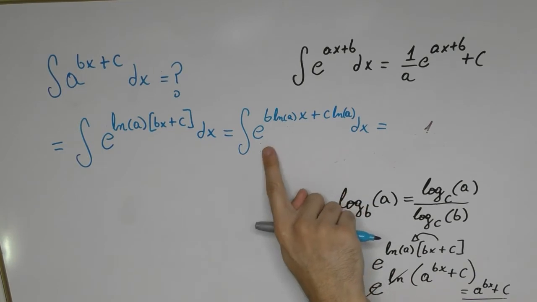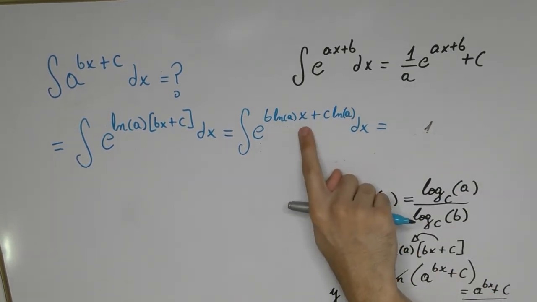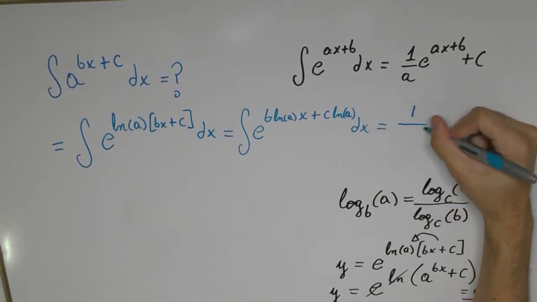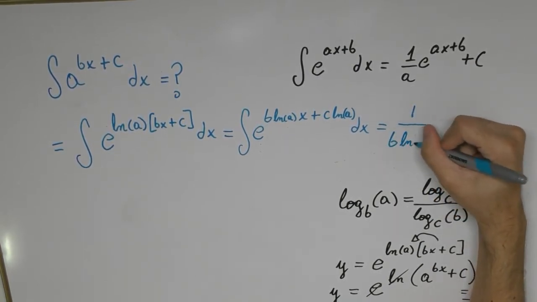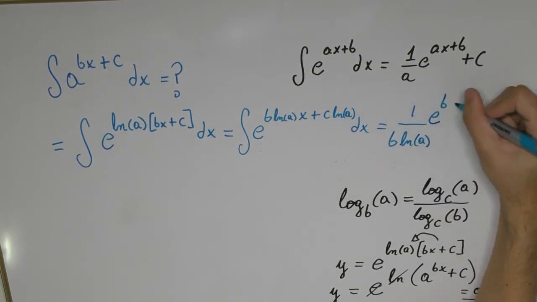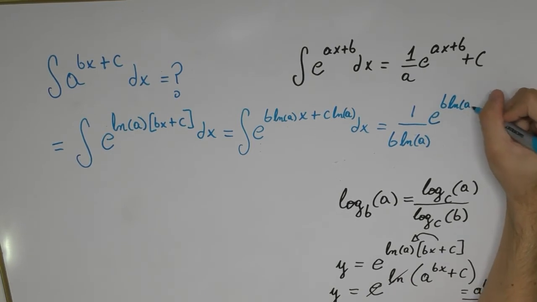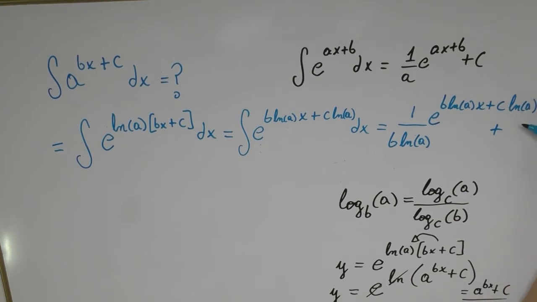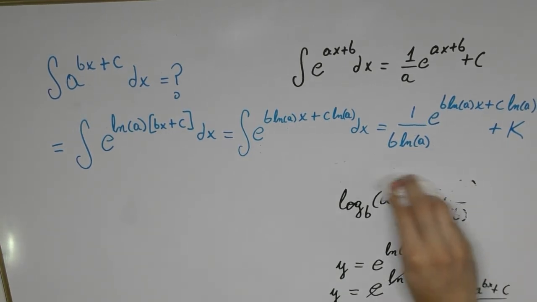Well, we're just going to divide this by the coefficient that is multiplying x, and that's going to give us 1 divided by b ln a, times e to the b ln a x plus c ln a. And then for the integration constant, since we're already using c as one of the coefficients here, we're just going to use k as the integration constant. Okay, so that's our final expression.